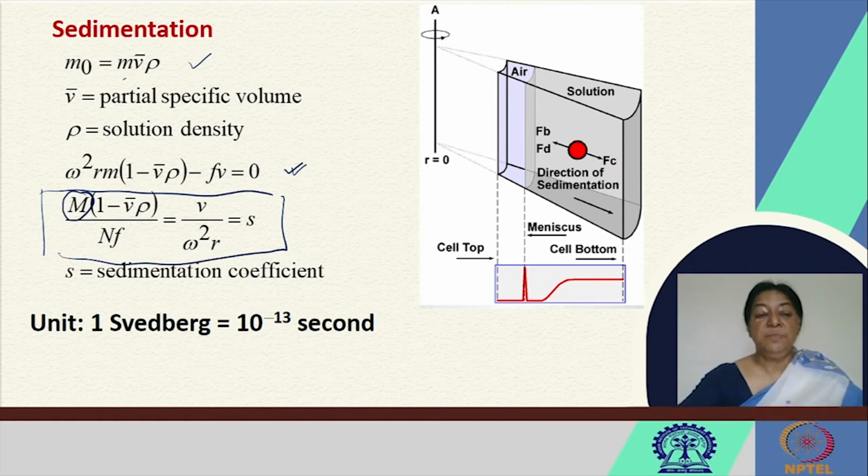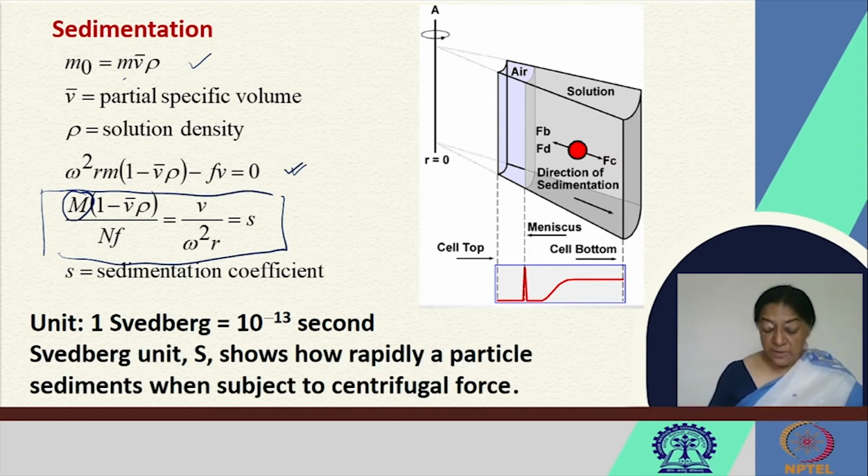This is given in units of Svedberg, which are 10 to the minus 13 seconds. In our experiment here, the Svedberg unit shows how rapidly a particle sediments when it is subject to this centrifugal force.